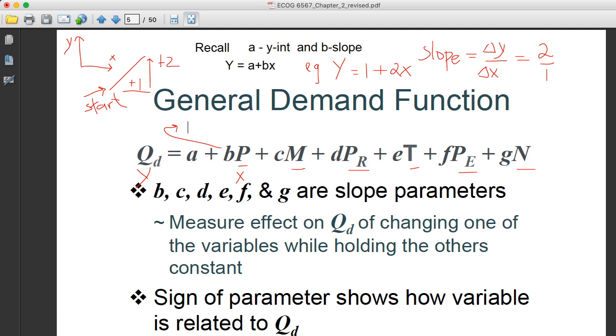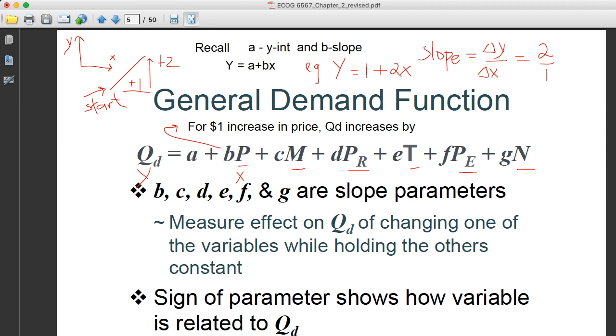We say for 1 unit increase in price. So let's put it in the terms of the price. Let's make it $1. So that's what it is.